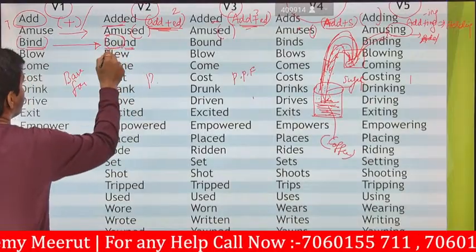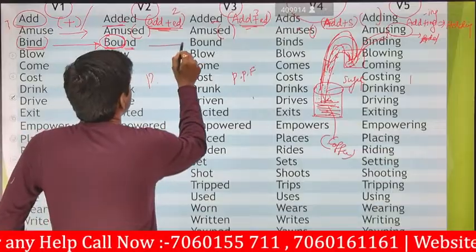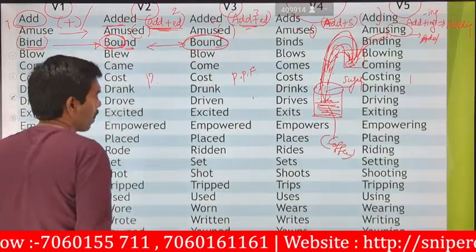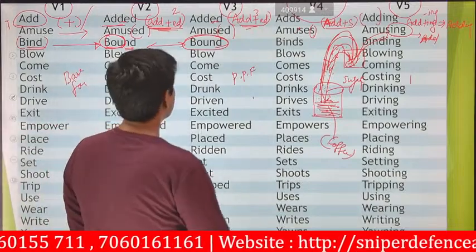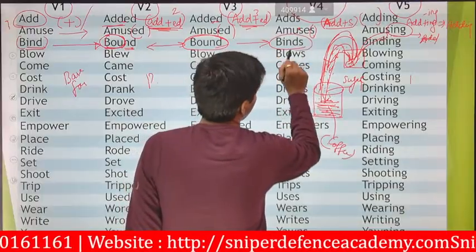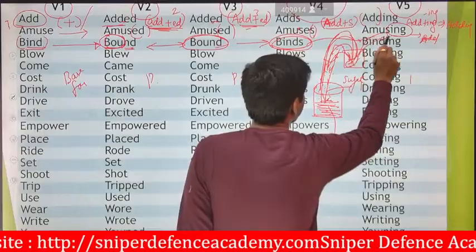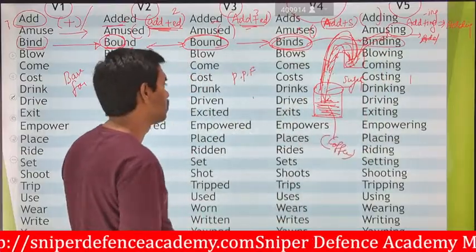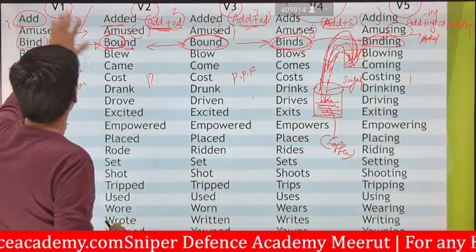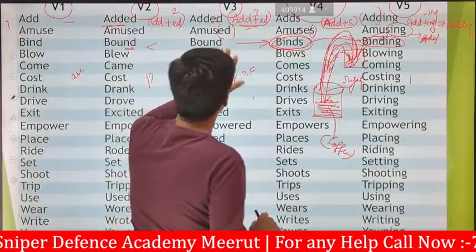Bound will be replaced in terms of bound, as it is bound. This will also be replaced in terms of binds. Now I'm doing this work, binds. It will be replaced in terms of binding. What is that? Binding. I'm going to do the binding.